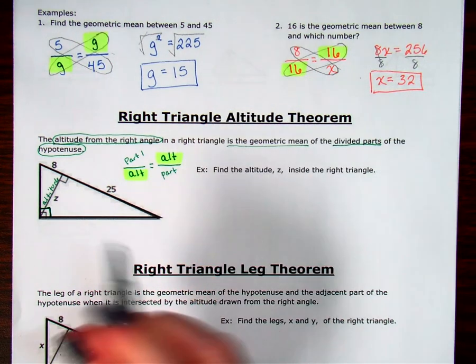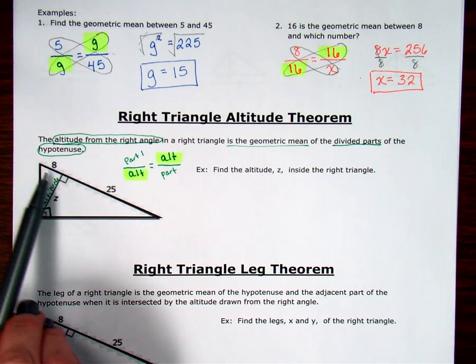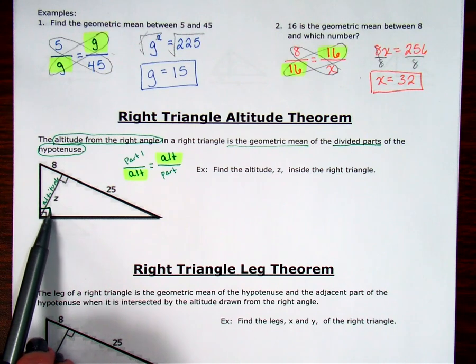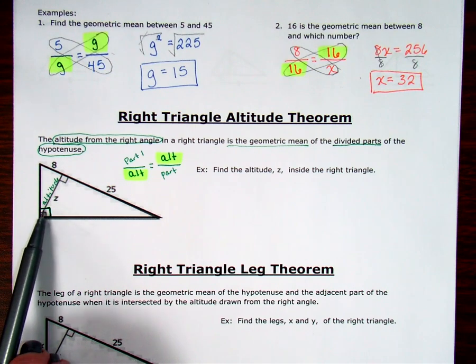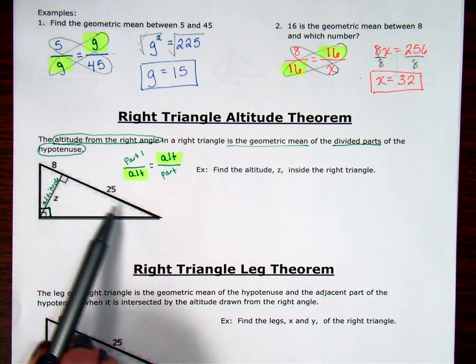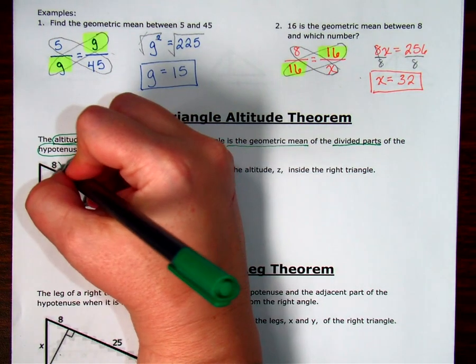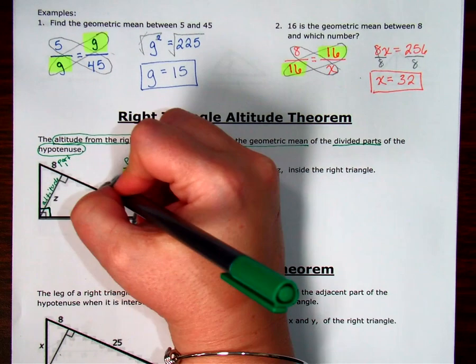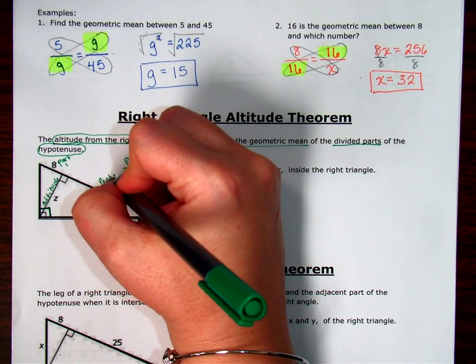And remember, your hypotenuse is the longest side, across from the right angle in the corner. It's the one that the altitude touches and divides into two pieces. So you're going to have part 1 and part 2.